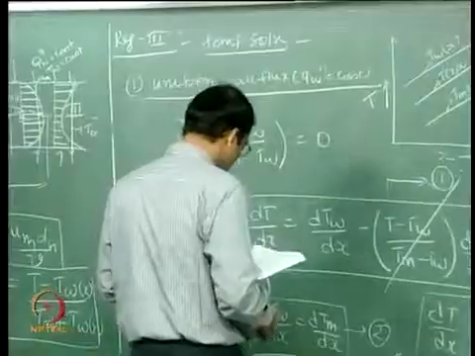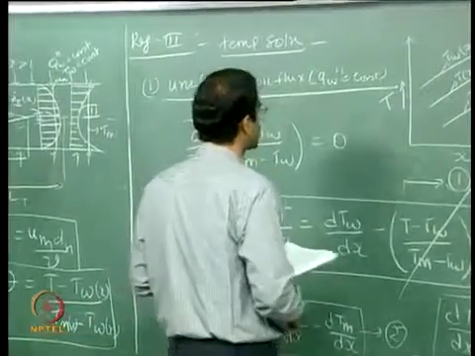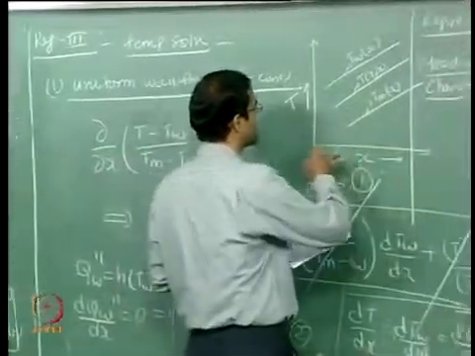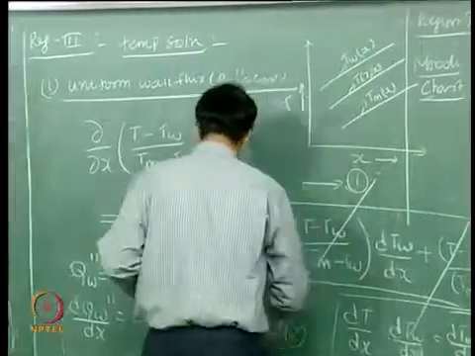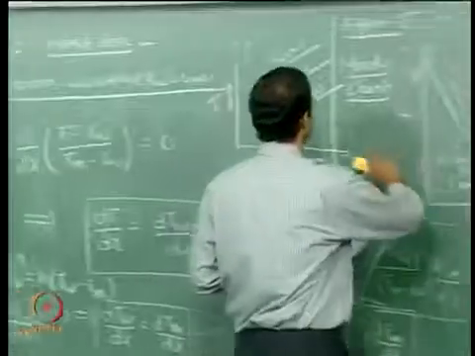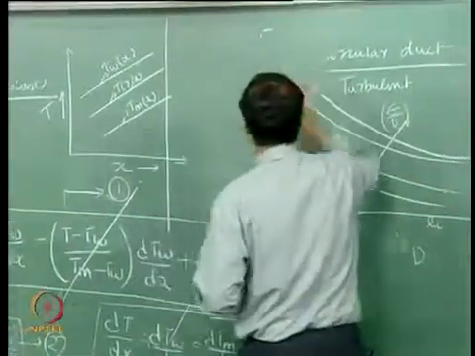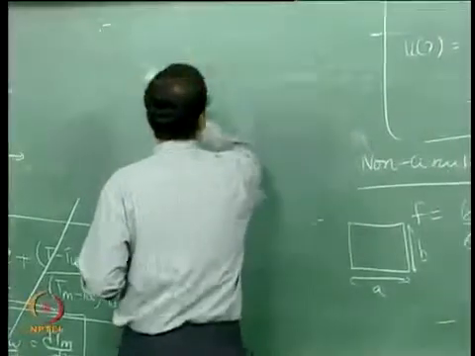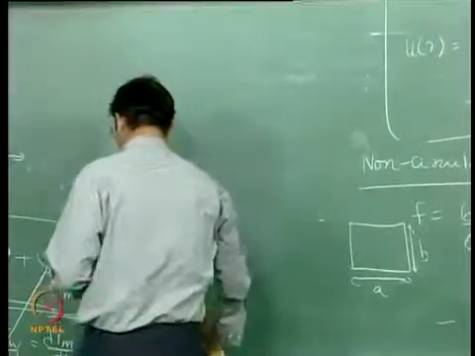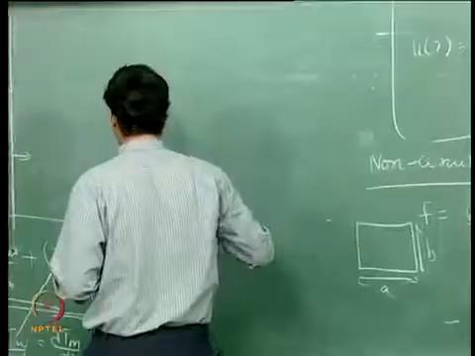So this is a very important conclusion which characterizes a fully developed flow with a constant heat flux boundary condition. So if you apply this fact to the energy equation, what was the energy equation that we had written?